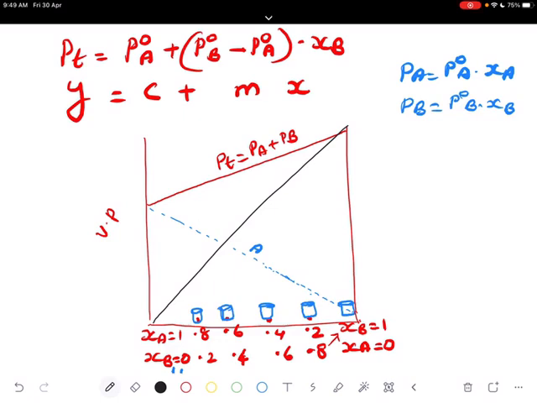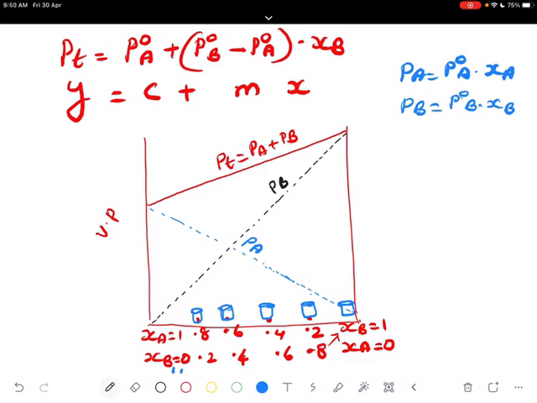So it is increasing. So this is PB, and the blue one is PA.